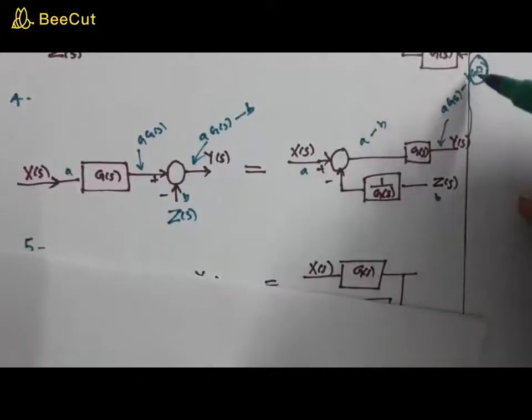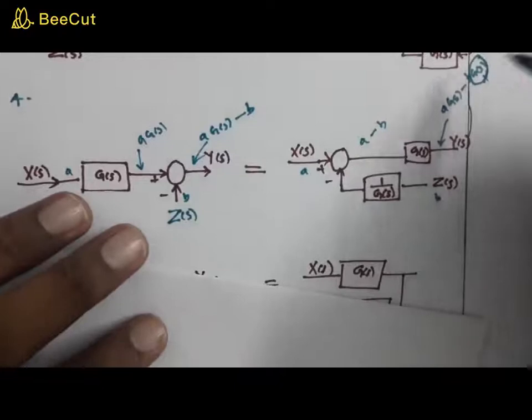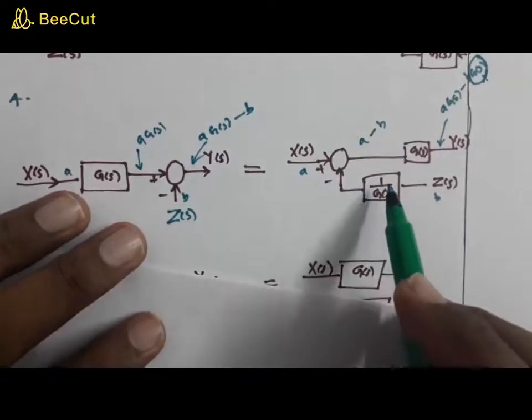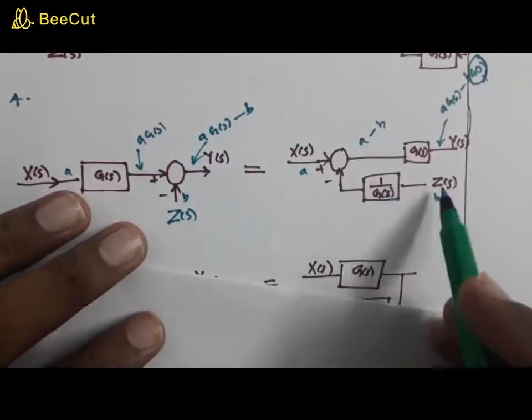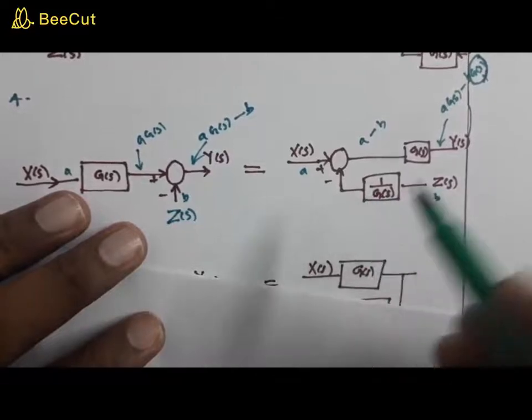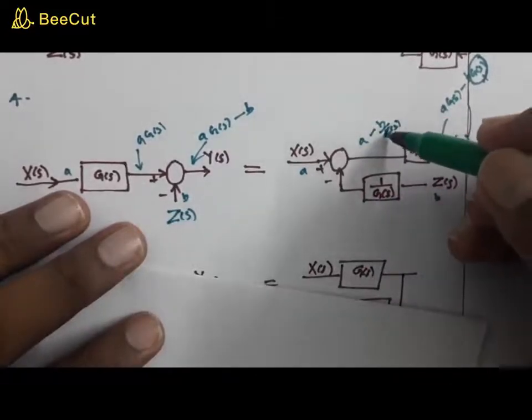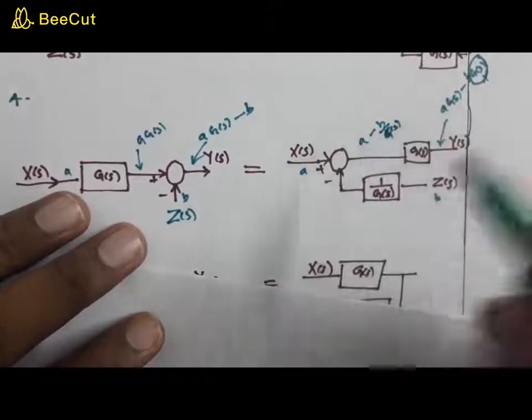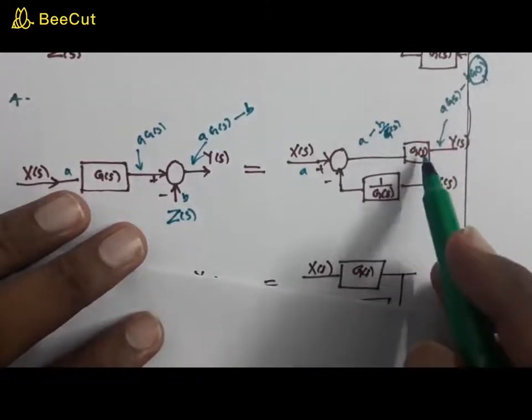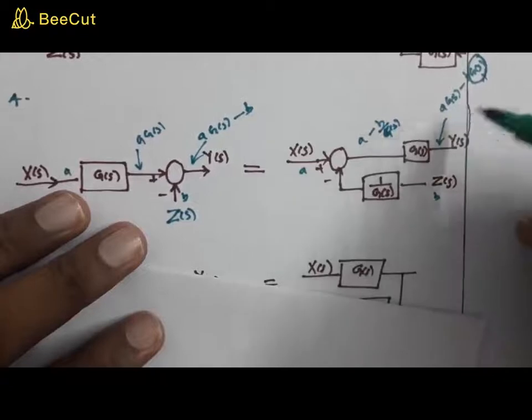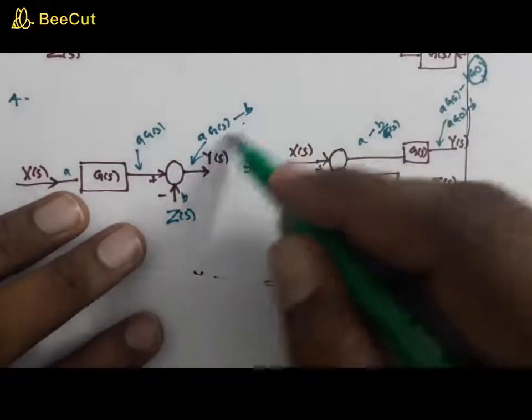So how will you take away this G of S? Suppose you add a block as 1 by G of S. The signal will be B into 1 by G of S, and when this passes through this G of S, it gets cancelled, giving you A into G of S minus B, right? Okay, so that's the signal that you want.